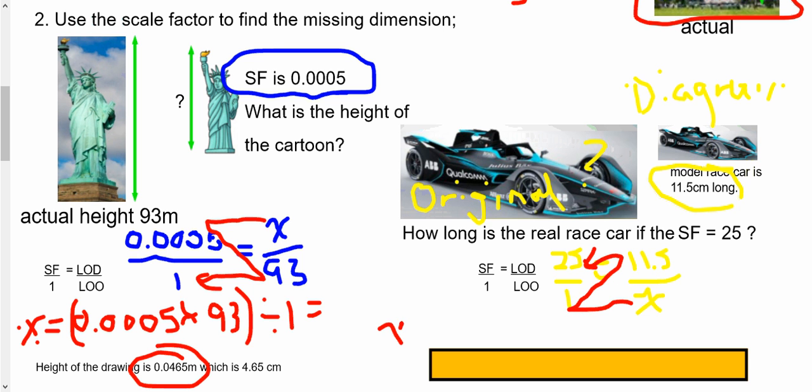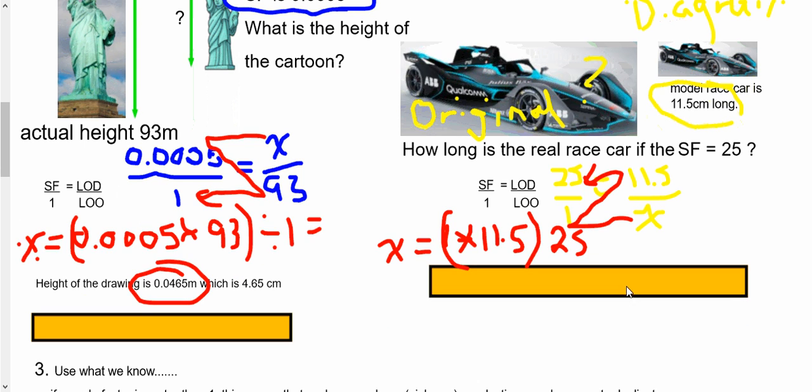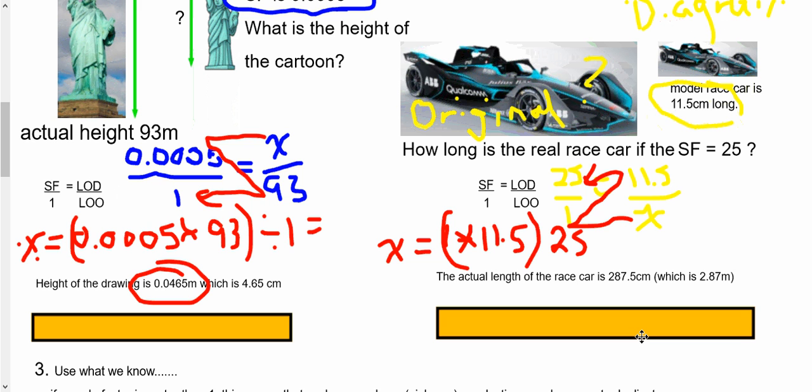So X is equal to 1 times 11.5, and then we divide by 25. Putting everything in my calculator, the actual length of the race car is 287.5 centimeters, which is 2.87 meters. Not bad at all.